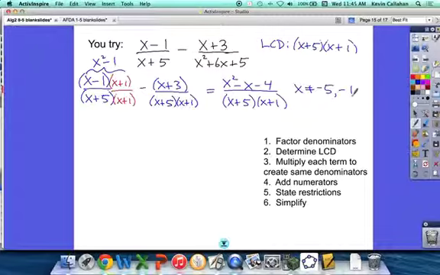The only factors of negative 4 would be 1 times negative 4, negative 1 times 4, or negative 2 times 2. None of those add up to negative 1. So x squared minus x minus 4 is not factorable, which means there's nothing more you can do to simplify. The answer is all of that.